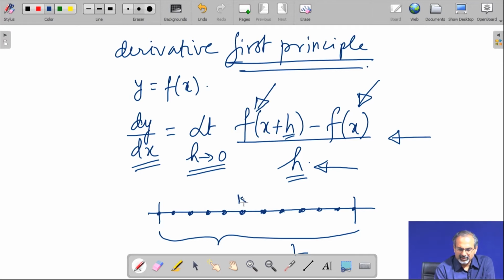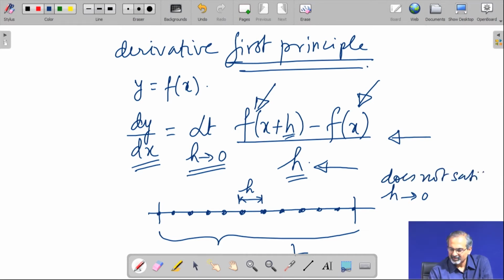And the distance between these points can still be named as h, but this h certainly does not satisfy the condition that h tends to 0.